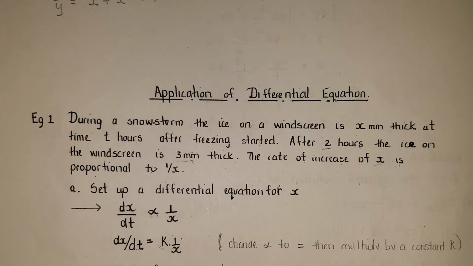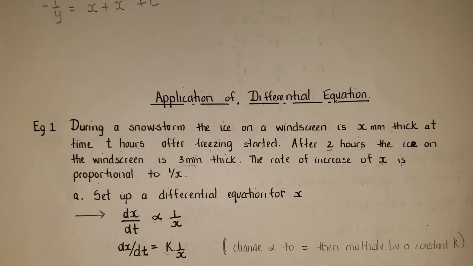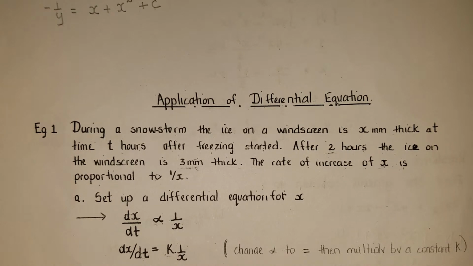Now, we have an application of differential equations. This aspect has been on all 3 past papers, so you need to pay close attention. We're going to start with an example. It says, during a snowstorm, the ice on a windscreen is X millimeters thick at time T hours after freezing started.